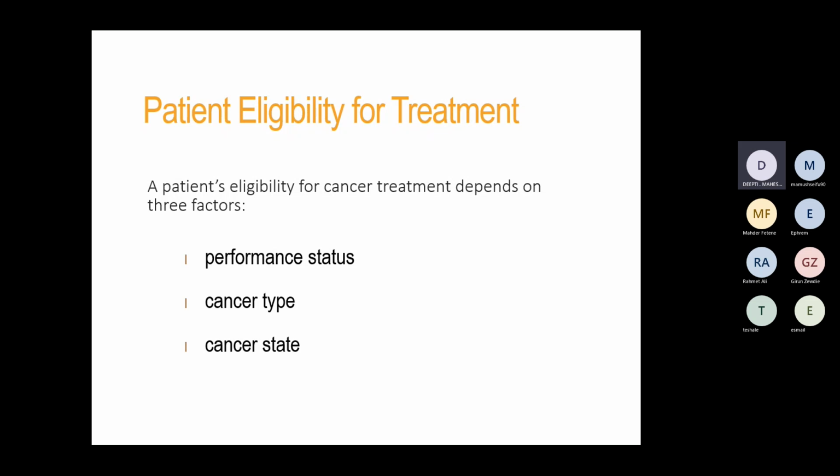This performance status is rated on a scale of 0 to 4 or 5, and then the rating is given. If the patient is able to perform his activity, then he gets a higher rating. If the patient is not able to perform, then they get a lower rating. So it will also depend on the patient's performance status, that means how the patient is performing day-to-day activities.